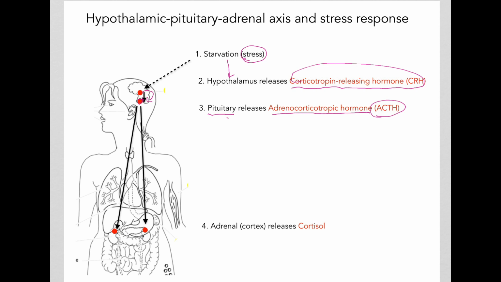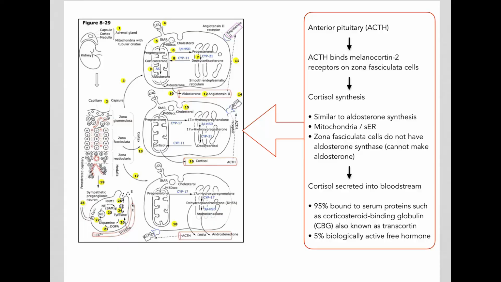Then the ACTH will travel in the bloodstream and go to the adrenal glands, and the adrenal glands will then release the hormone cortisol. So that's how cortisol is secreted during starvation.